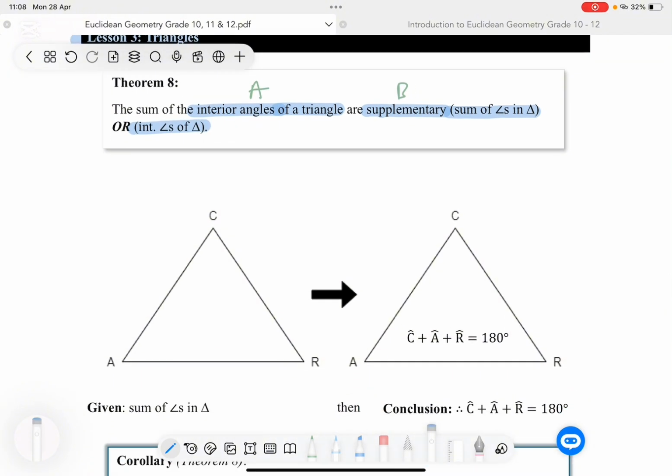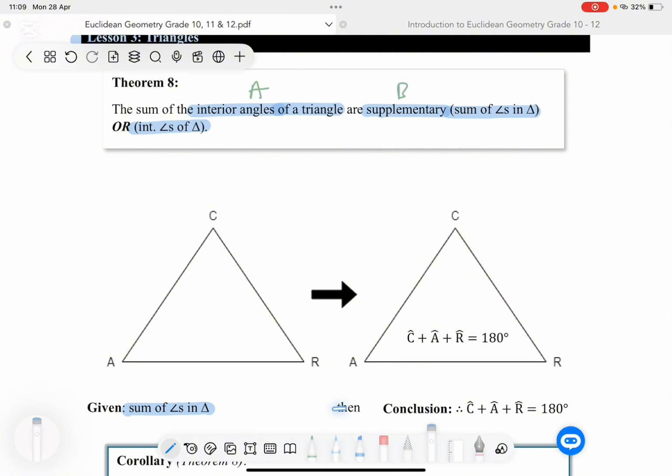Now what this means, looking at it from a diagram perspective, is that we have a triangle CAR, and obviously it will have the interior angles. Hence we say the given part is that we have a triangle, right? We can say the sum of the angles in a triangle.